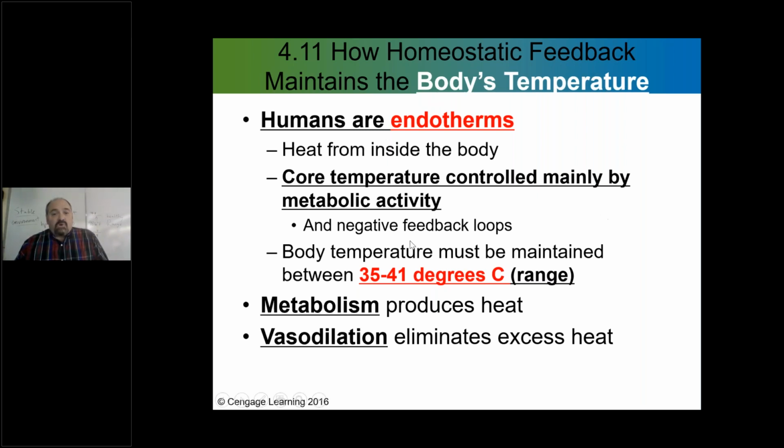The core temperature is controlled mainly by metabolic activity. So not only by the contraction of musculature, but also by the different activities that take place within the cells of your body. Metabolism, how your body does the jobs that it does in order to keep you well and healthy. Metabolism, this produces the heat.